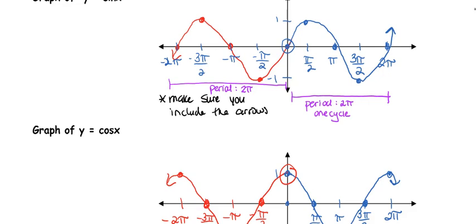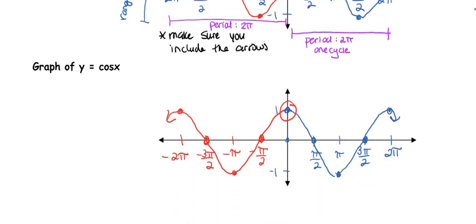And we talked about the fact that your range is from top to bottom, so you can see that your range here is between a -1 and a +1. Same thing for our cosine graph. We peak up at a +1 and a -1, so your range goes from a -1 to a +1.